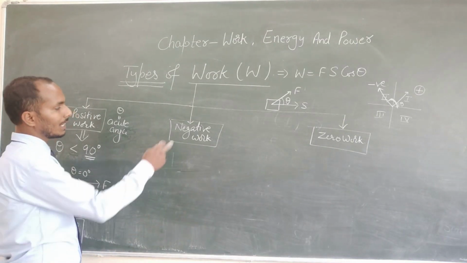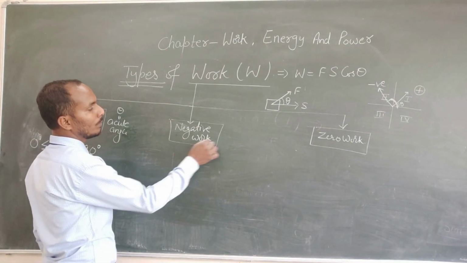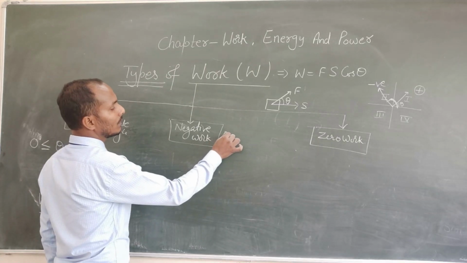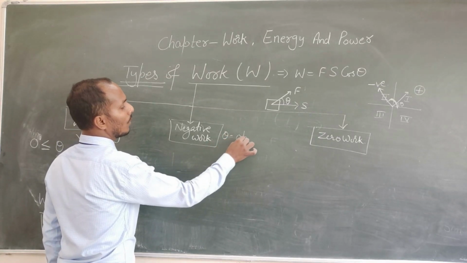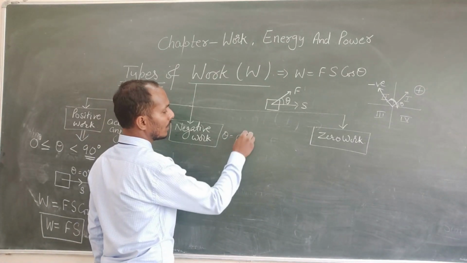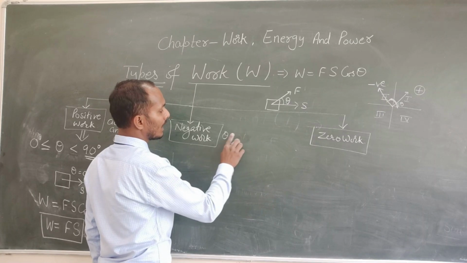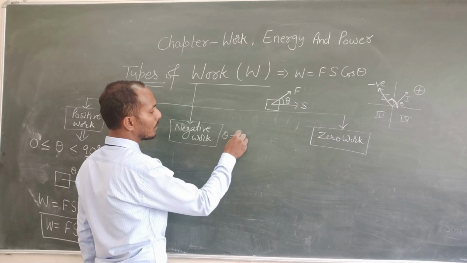Now focus here. Work is said to be negative if theta is an obtuse angle. What is the meaning of an obtuse angle?